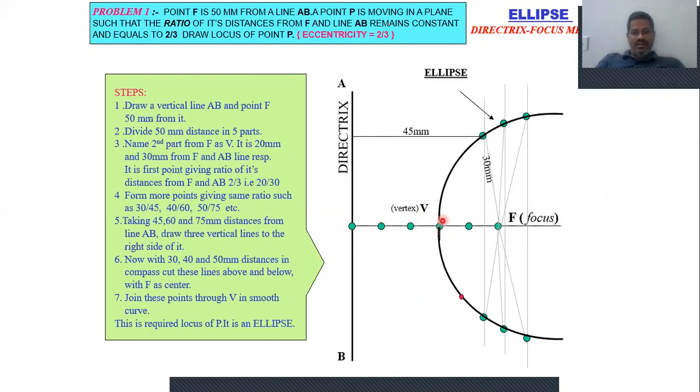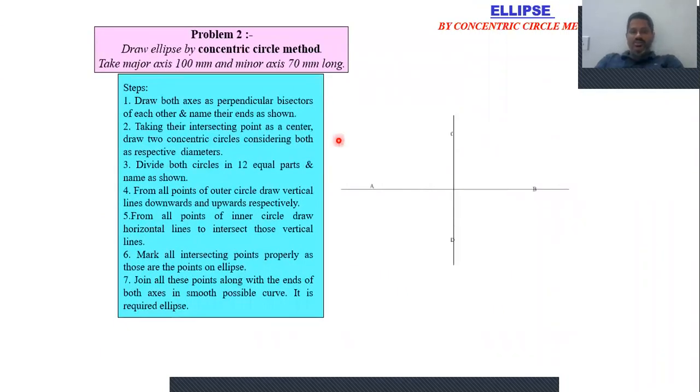Then we mark the vertex and move the point in such a way that the ratio of its distances, from the focus to the directrix, is 2/3.